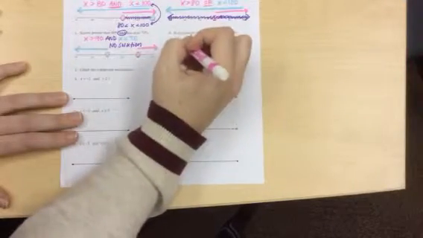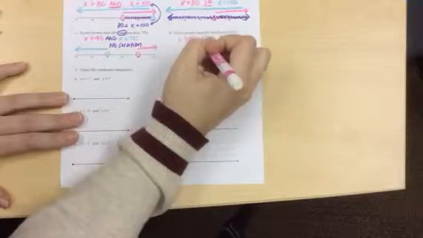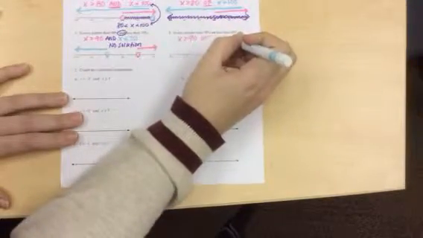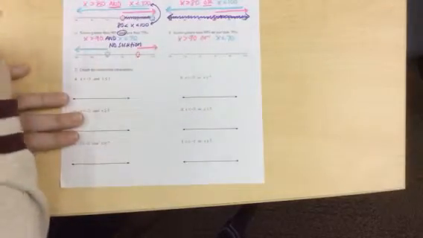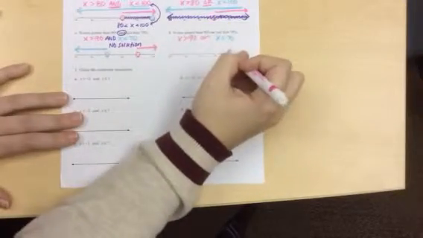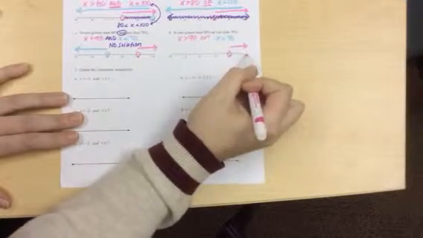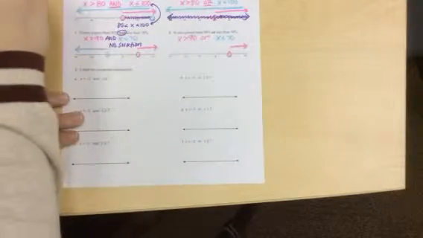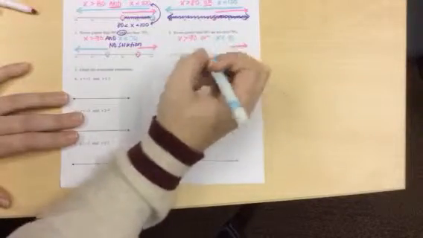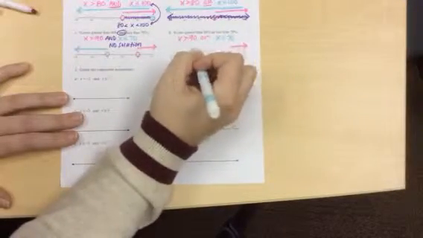Okay, scores greater than 90 or less than 70. So if I look at greater than 90, I have that open circle, and greater than, all my values greater than 90 are to the right. Less than 70, so 70 and less.